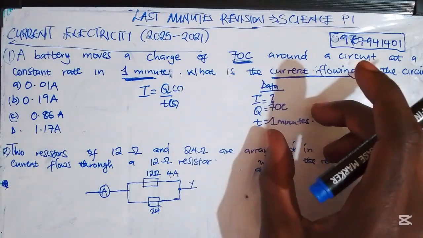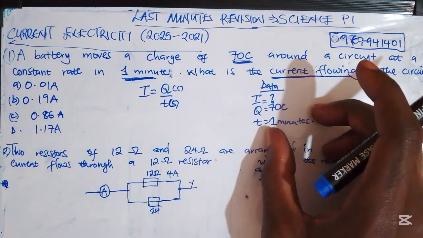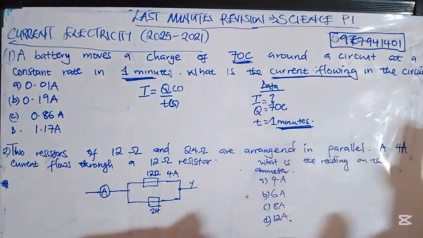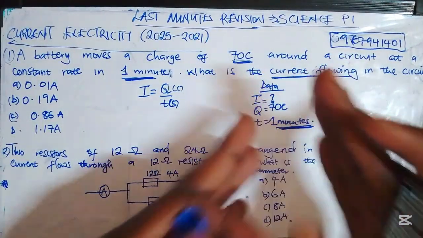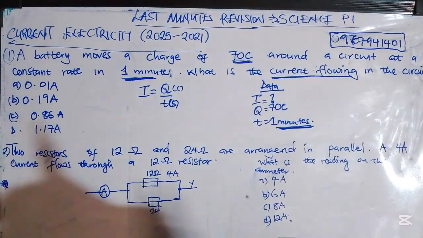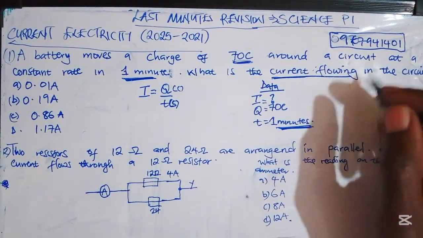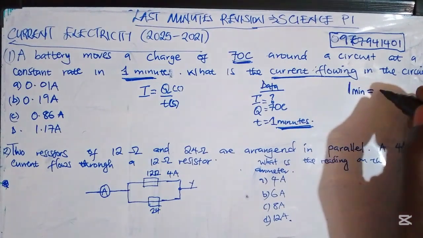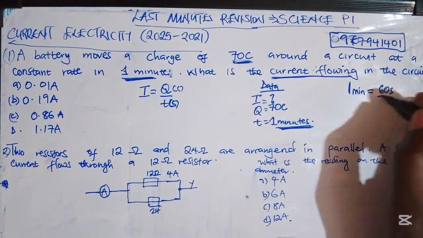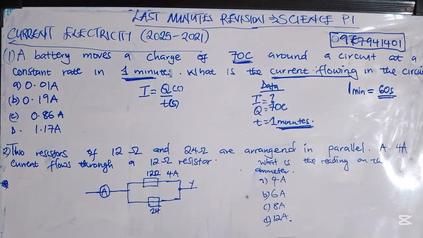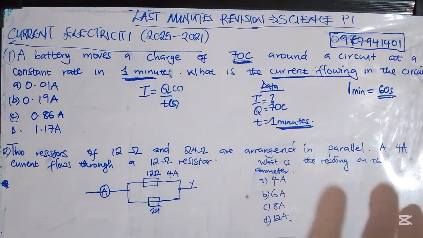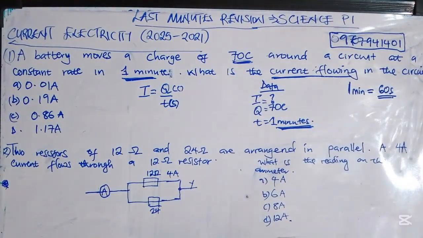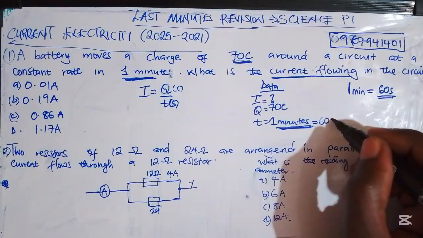Since our time is in minutes, we are going to convert this time into seconds, because if we use minutes, we are going to get our answer wrong. So 1 minute is equal to what? 60 seconds. Meaning our time, we won't use 1 minute, but we are going to use 60 seconds.